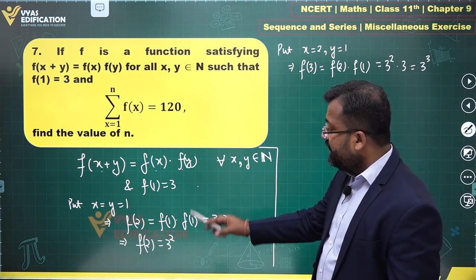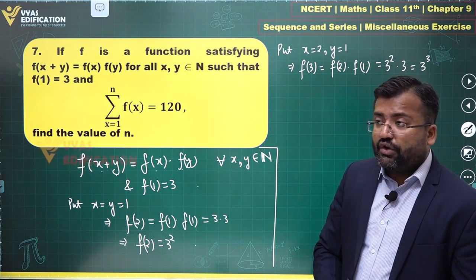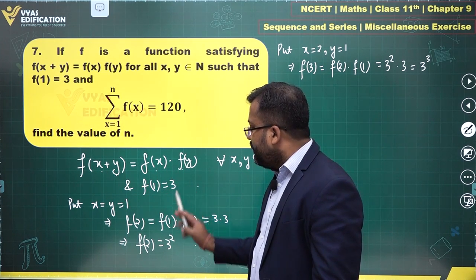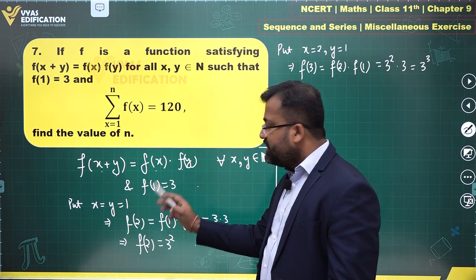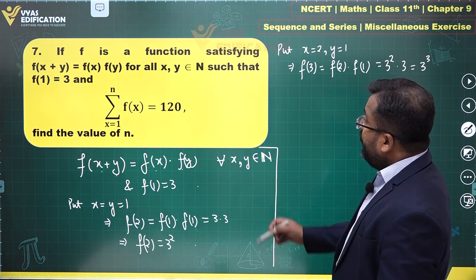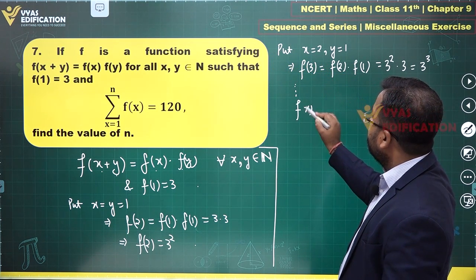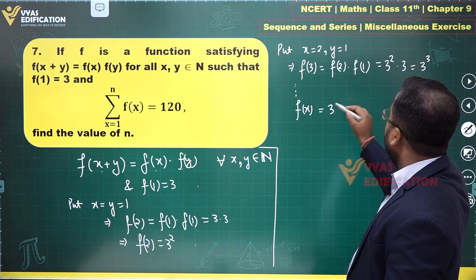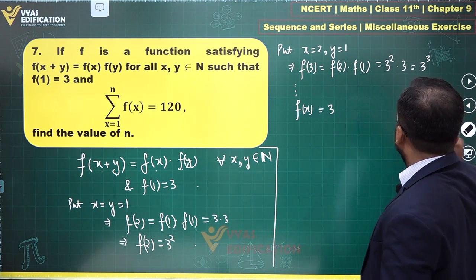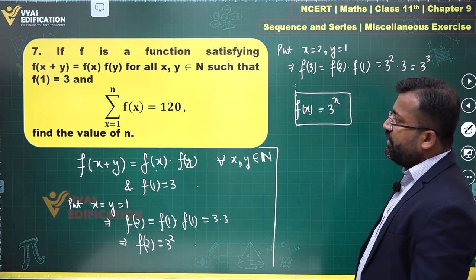Now you can observe this is 3 square, this is 3 power 3, and similarly f4 will be 3 power 4. You can also observe that. Putting x equal to 2, y equal to 2, you'll get f4, which is f2 into f2, which is 3 square into 3 square, that will be 3 power 4. You can clearly observe, right? So therefore, seeing this, fx is actually 3 power x. This is what you can observe.